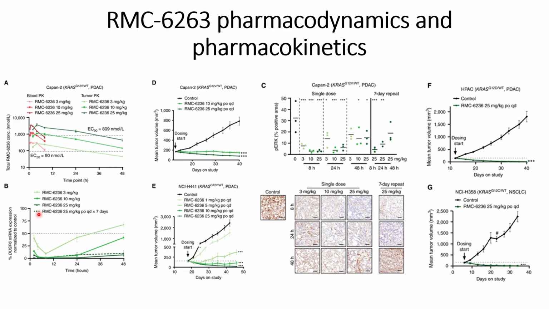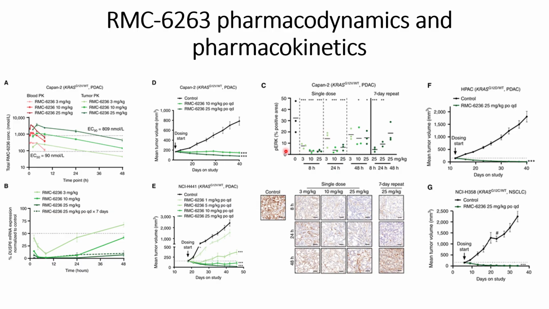And when they did it regularly for 7 days, they were able to see a sustained decrease of the DUSP6 level. This indicates the pharmacodynamics. After that they compared the pERK levels also. pERK is one of the proteins formed in the downstream signaling pathways of RAS.